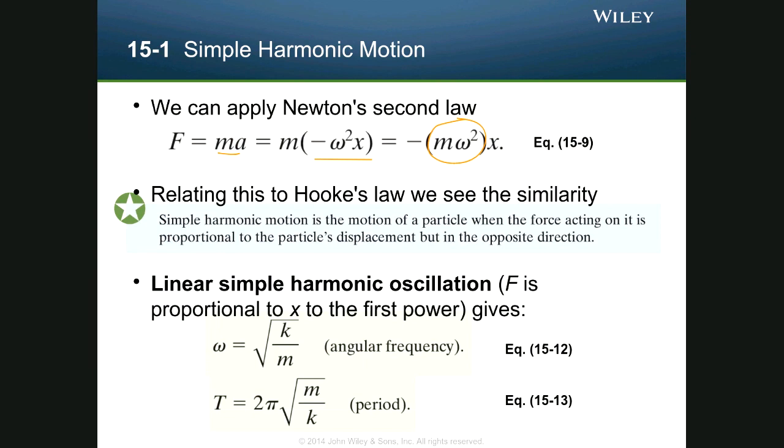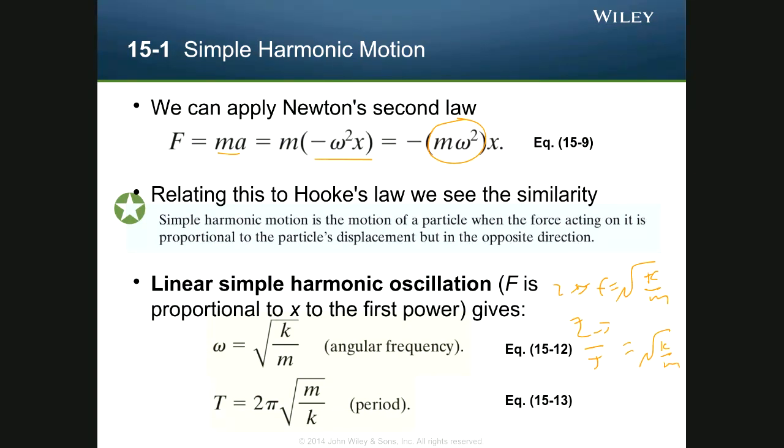You can derive the period function from omega, right? Because remember, omega is equal to 2 pi f, which will equal the square root of k over m. So here you can just say, okay, I want to solve for the period, so 2 pi over T equals the square root of k over m.